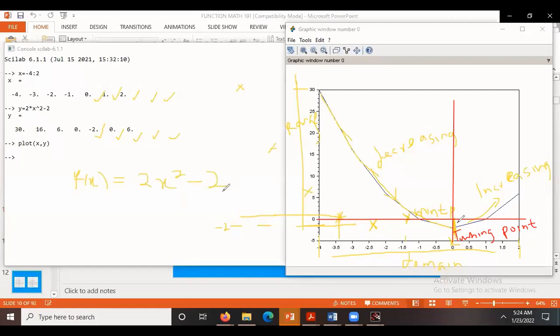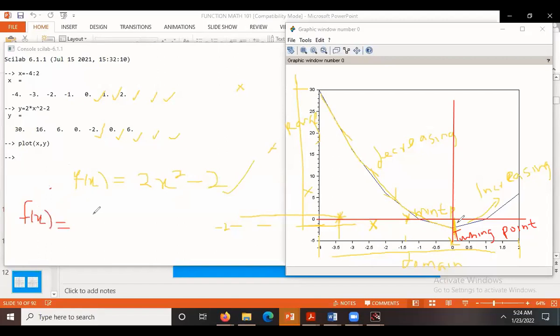So this is quadratic, which is a polynomial function. Now let's take another polynomial function, f of x. We want to see the turning point properly and understand some other properties of graphs.